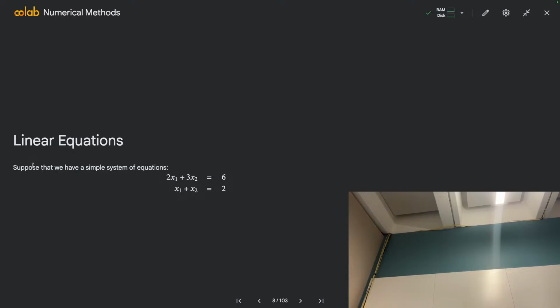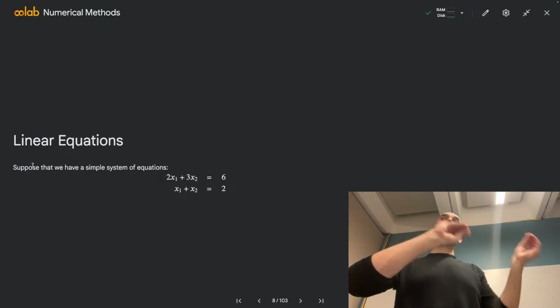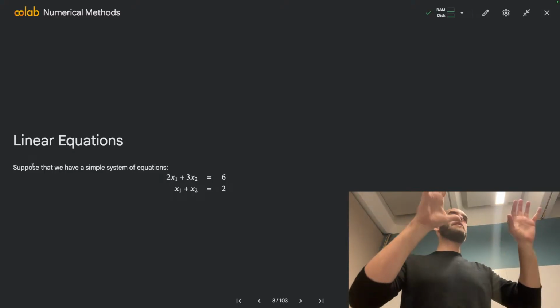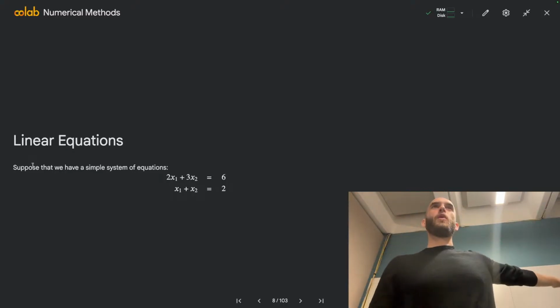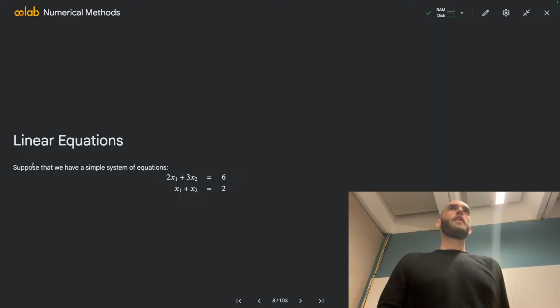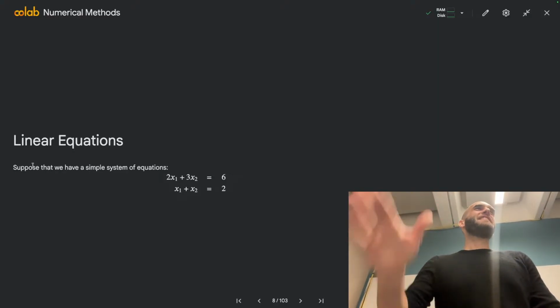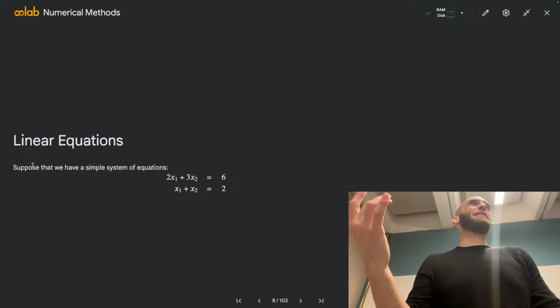And then we have 6 minus 4 is 2. So x2 is equal to 2. And then we can plug that into the second equation to show us that x1 is 0. So the unique solution here is x1 is 0 and x2 is 2. If you can't do this in your head, you're in great company.